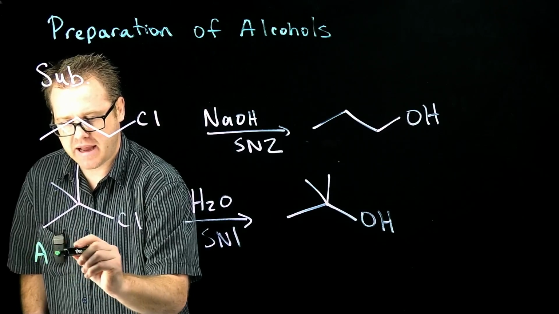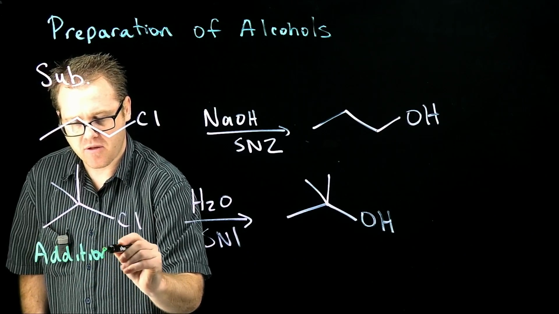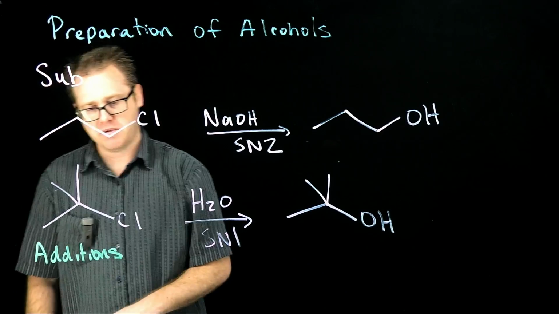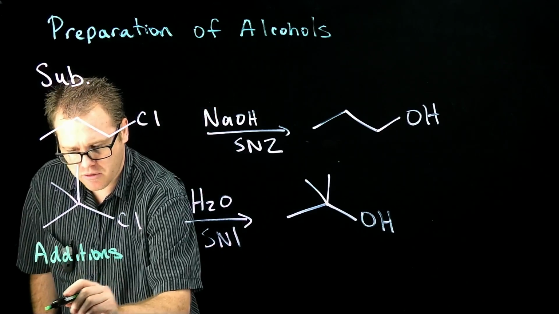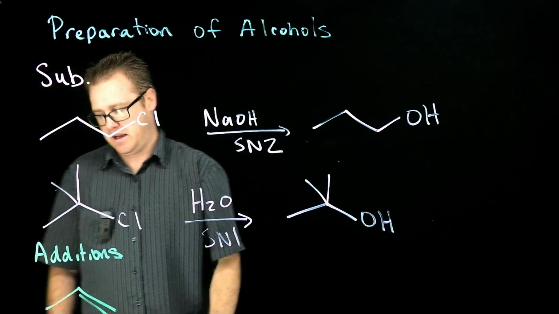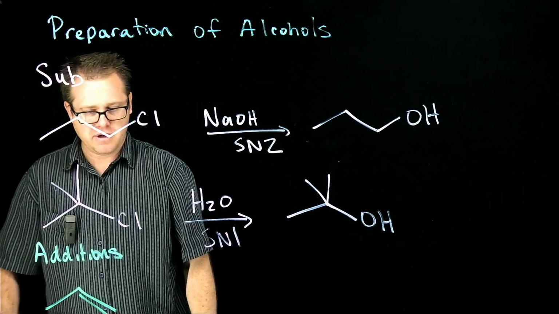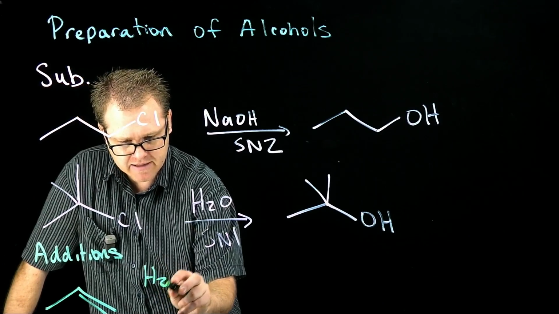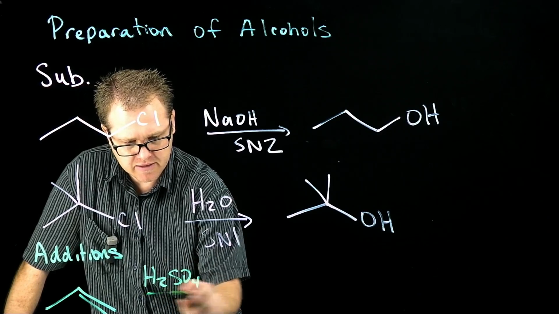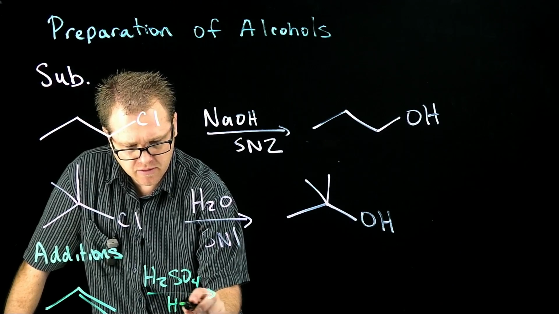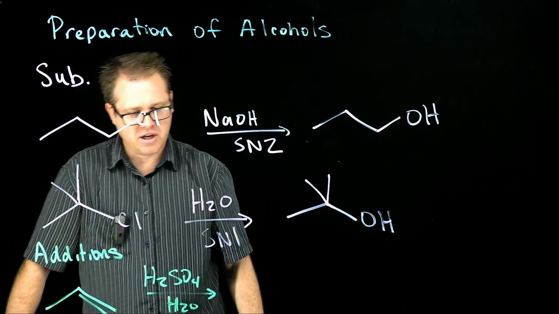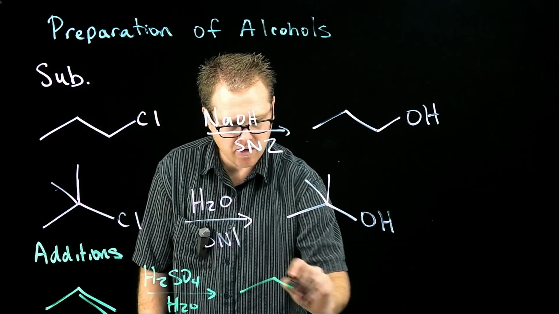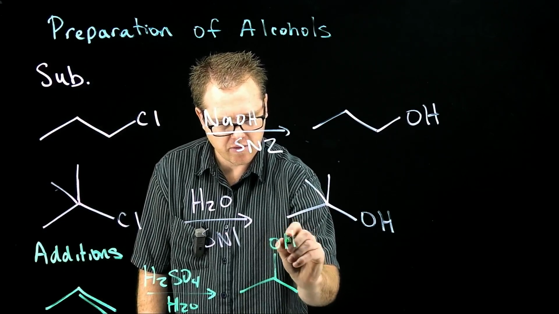So addition reactions would look like where you would have an alkene. And if you treated the alkene with dilute sulfuric acid in some water, you would generate a secondary alcohol like so.